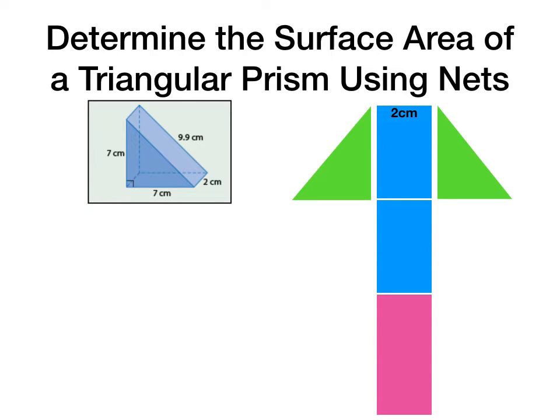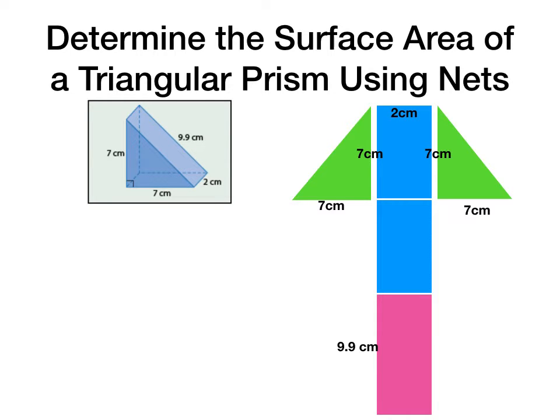Now let's write in our dimensions. The rectangle that is our side view has a dimension of 2 centimeters by 7 centimeters. Our triangles each have a leg that's 7 centimeters and another leg that's 7 centimeters, which is the same length as the rectangle attached to it.